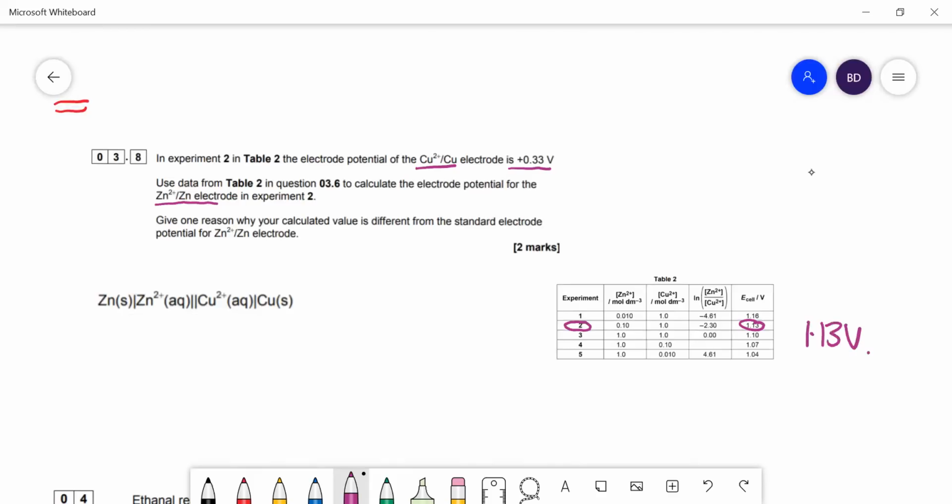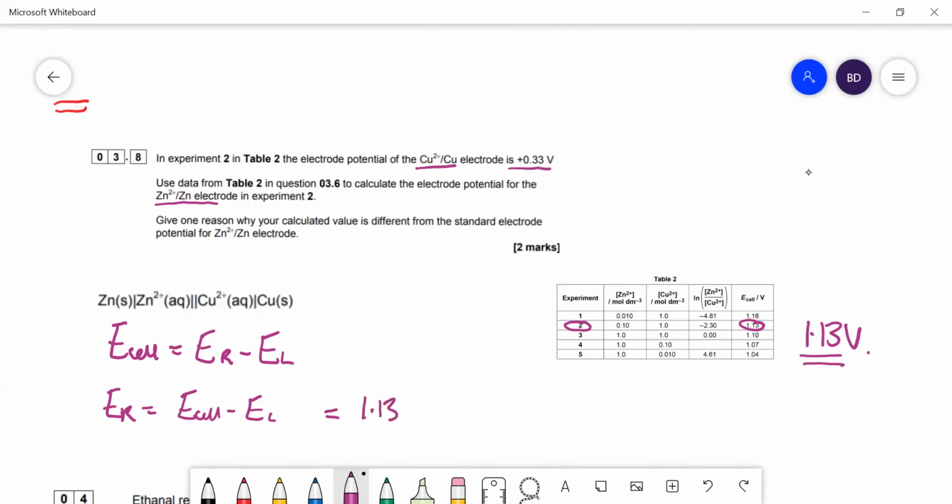Okay, now we're going to use the equation E cell is equal to E right minus E left. We want to find out the electrode potential for the Zn. Zn is the right hand one, so I'm going to rearrange that. So E right is equal to E cell minus E left. E cell, they tell us, in experiment 2 is 1.13 volts.